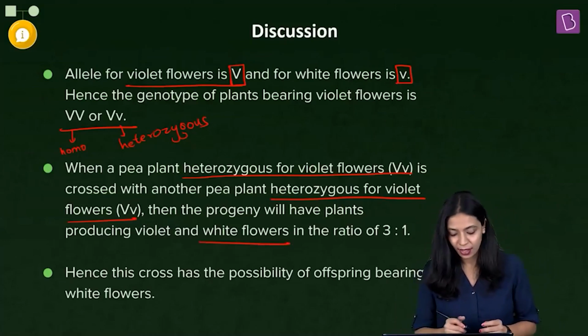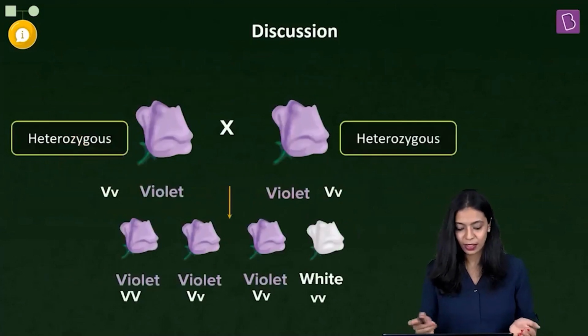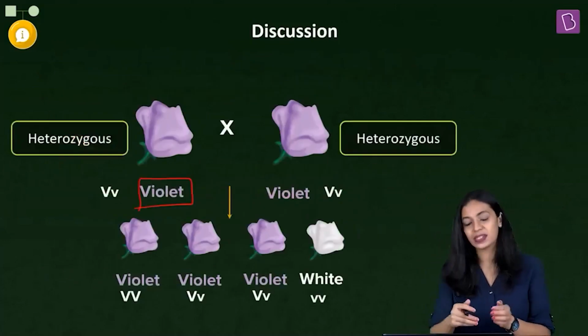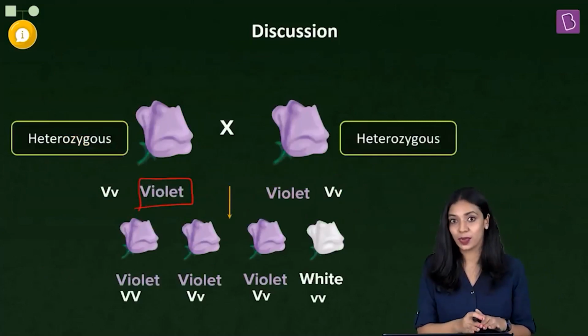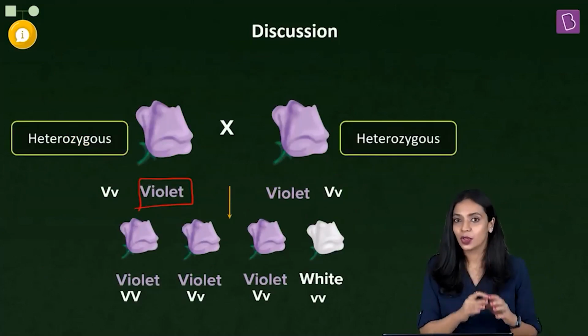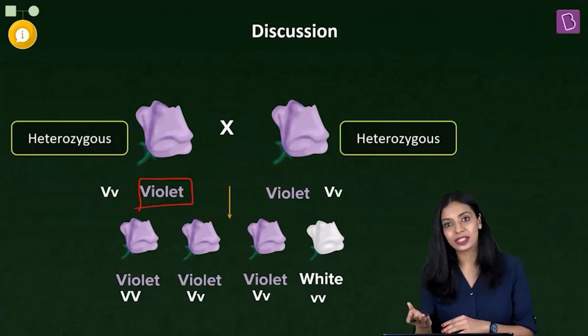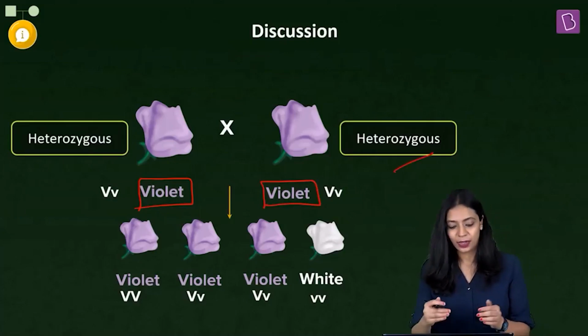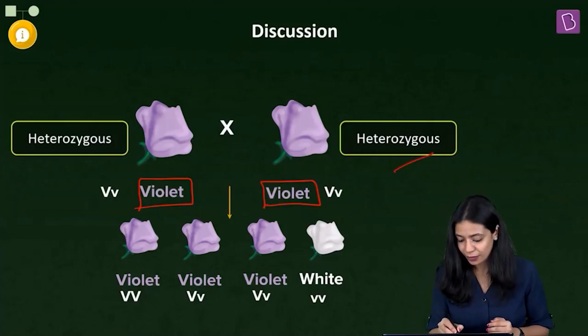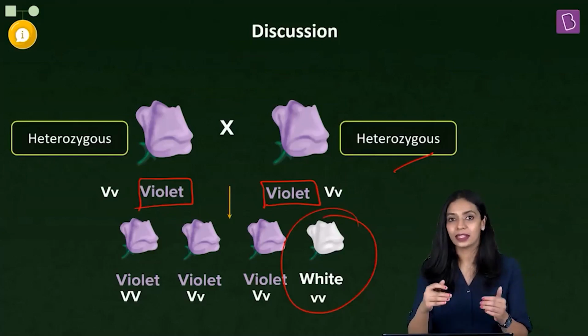Let's look at it here. We have the heterozygous plant for violet flower color. This is what was given to us in the question. When we are crossing this plant with another plant of the same type, which is also violet in color but heterozygous, there is a possibility of getting white colored flowers in the progeny.